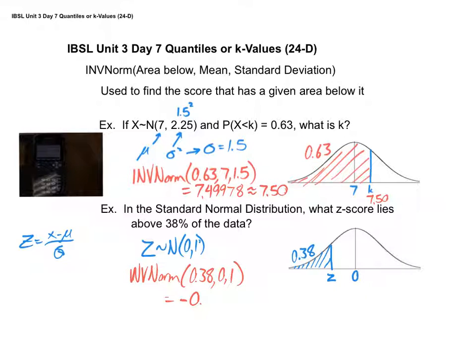So why were we talking about all this process if we're just using the same 38% for area? I just wanted to remind us of what our standard normal was and where that came from. What do we get here? Negative 0.305.